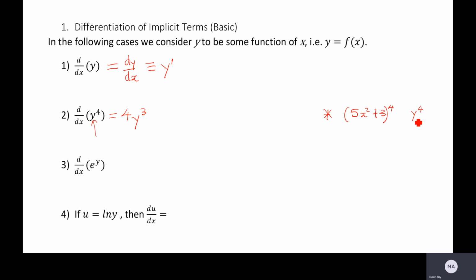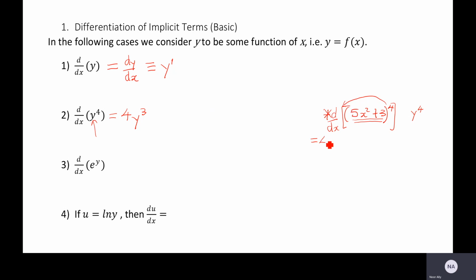If we view y as being 5x squared plus 3, and I want to find the derivative of 5x squared plus 3 to the power 4, I'm going to use the chain rule.